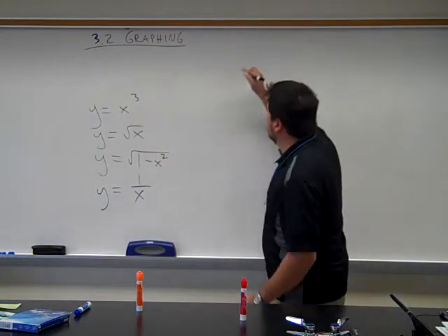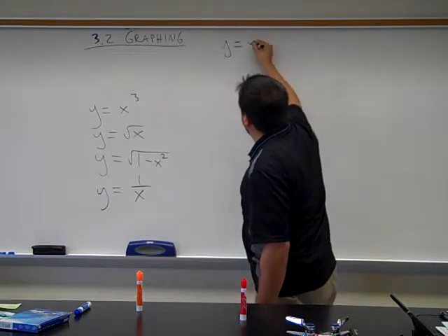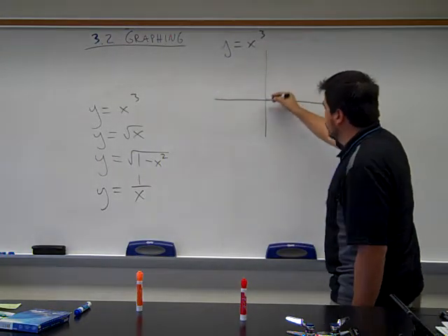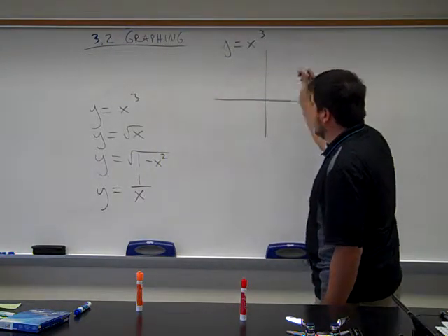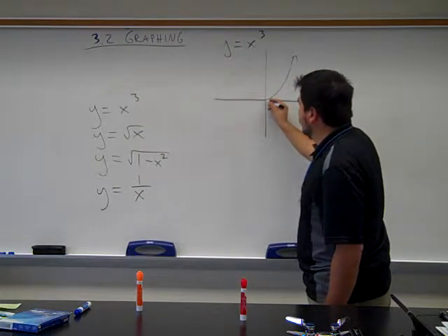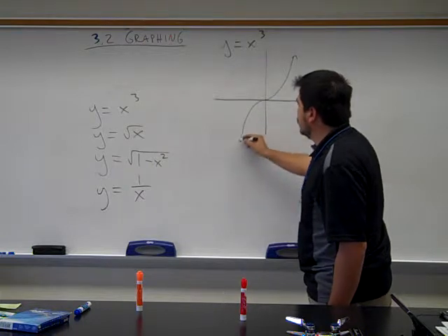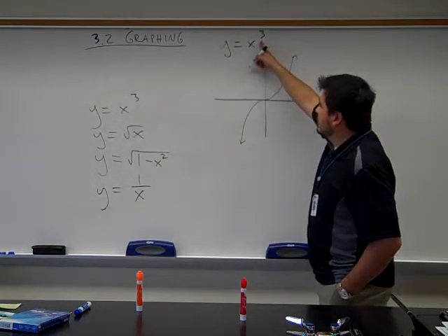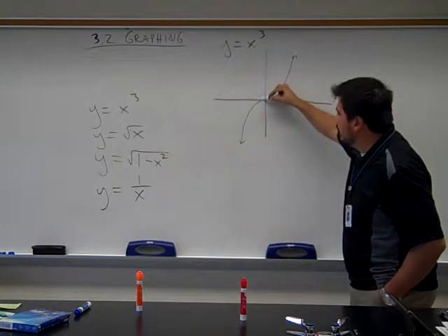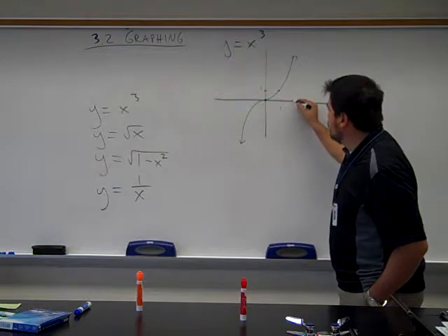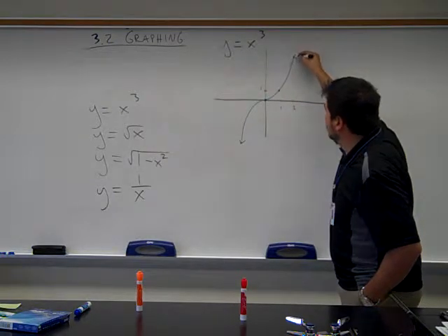Okay, so for x cubed, it's on the right side it looks like half of a parabola, and on the left side it looks like a parabola that was flipped upside down. So it looks something like this. The reason for that is, you guys know that if you cube a number, for instance 0 cubed is 0, 1 cubed is 1, but now if you plug in 2 and cube it, you get 8.